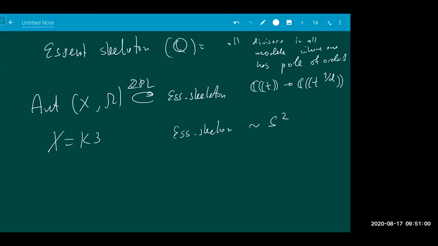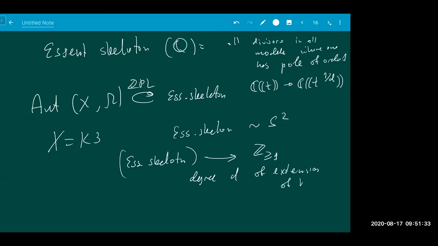For this essential skeleton, one actually gets a certain map to non-negative integers, namely this number D which I drew before, the degree D of the extension of the local field which you need to get this point.